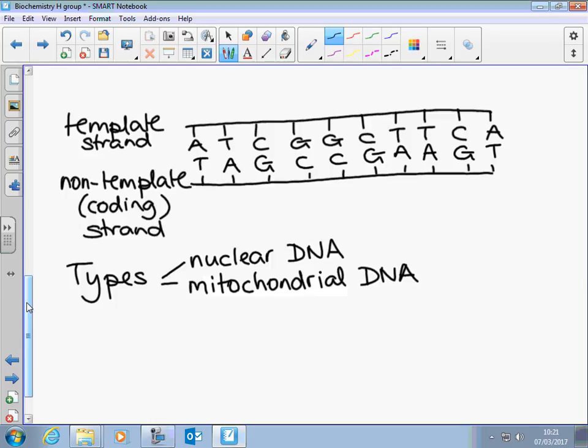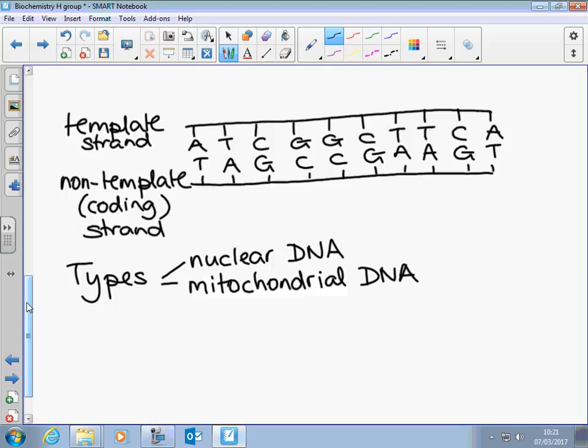And then you can artificially produce DNA as well. So in genetic engineering, there's production of artificial forms of DNA, but in our cells, we could assume that there are those. We might need some others as we go along, but the nuclear one is the one that we're going to concentrate on.